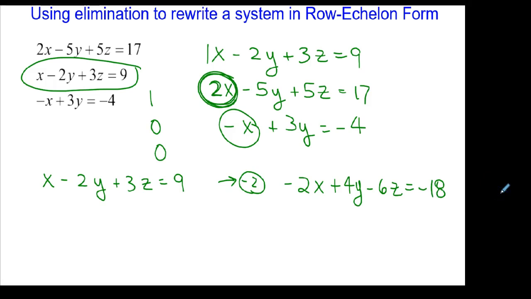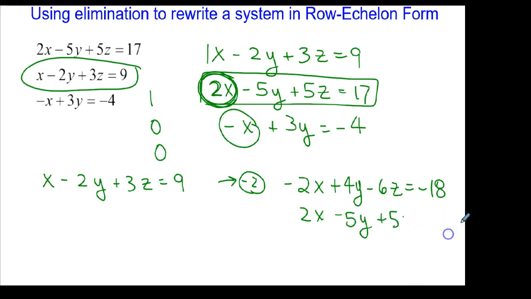After doing that, I want to copy down the row I'm trying to change and then I will add those 2 equations together, thus eliminating the x.